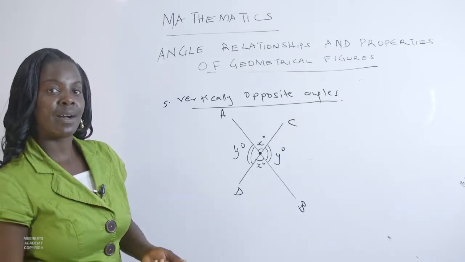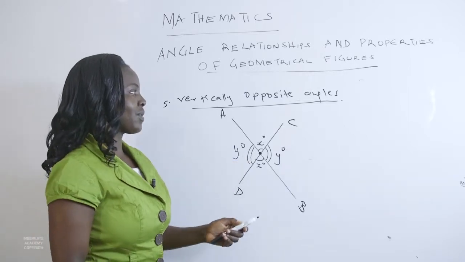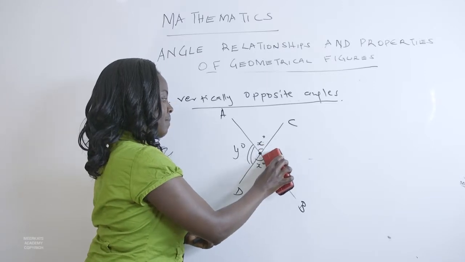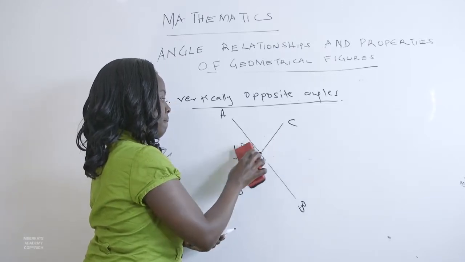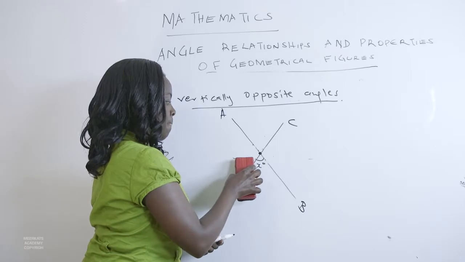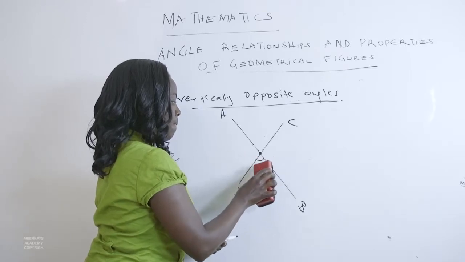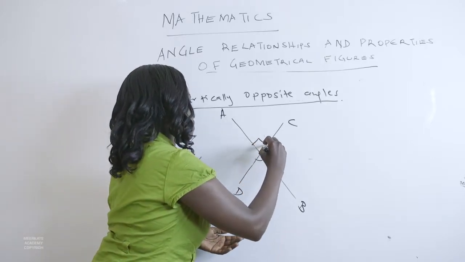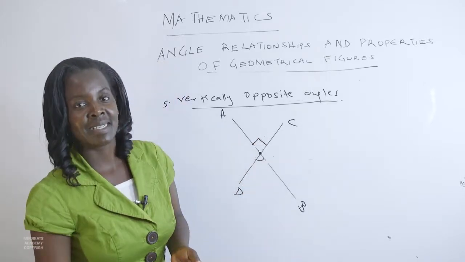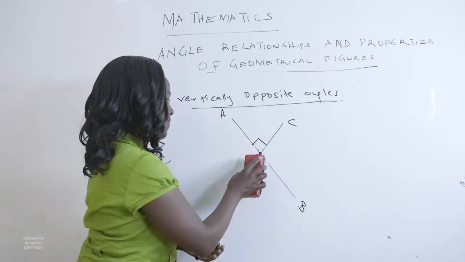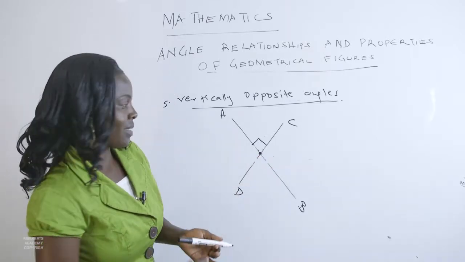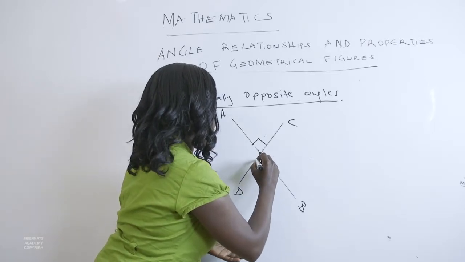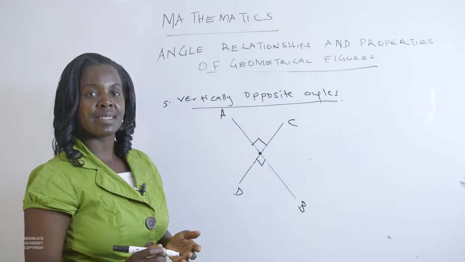If one of the angles in vertically opposite angles is 90 degrees, it will follow automatically that the opposite angle is also 90 degrees.